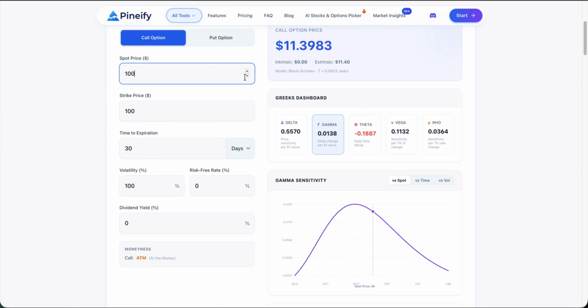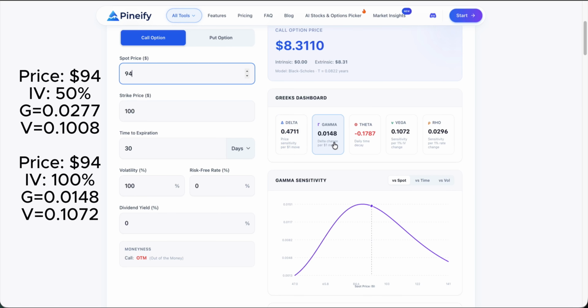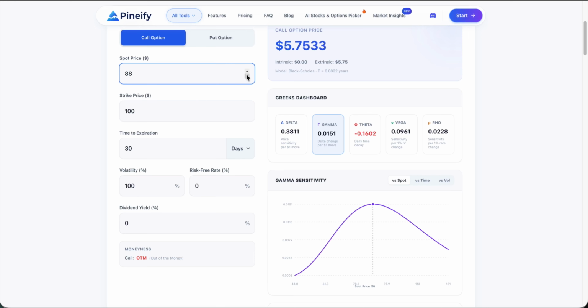And now as we move here towards the 94, you see that we haven't yet reached the peak of the gamma. The peak of the gamma will be reached now somewhere. Yeah, we have to go even deeper out of the money, and this is where it stands.